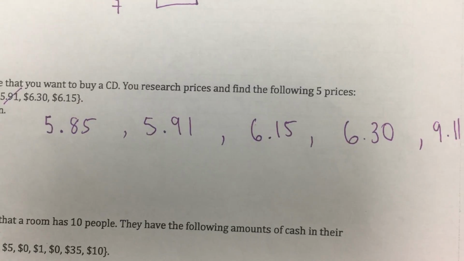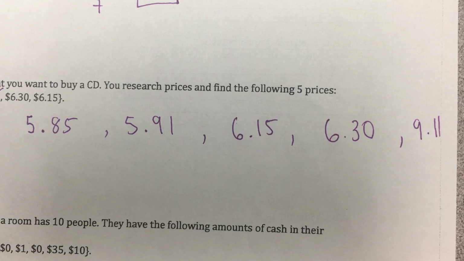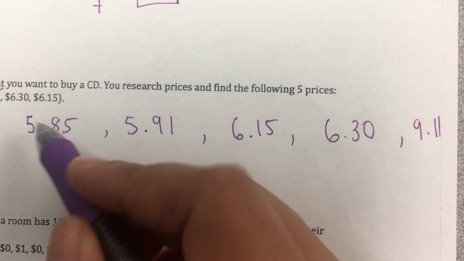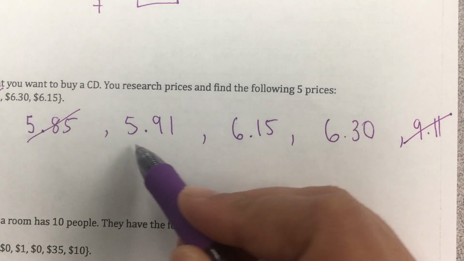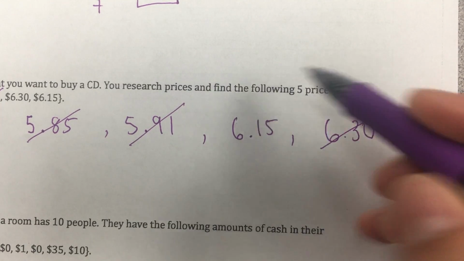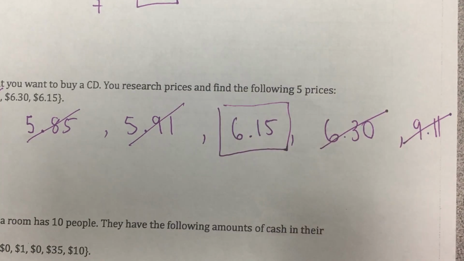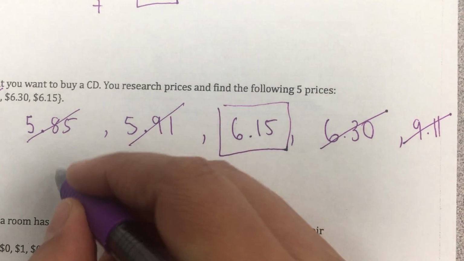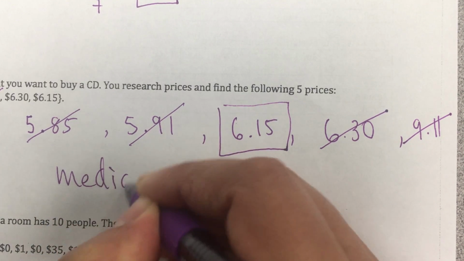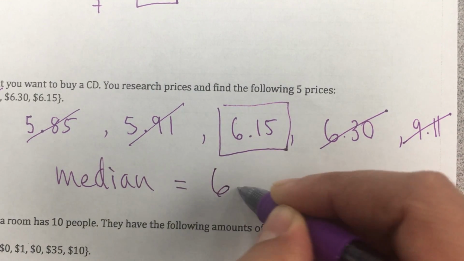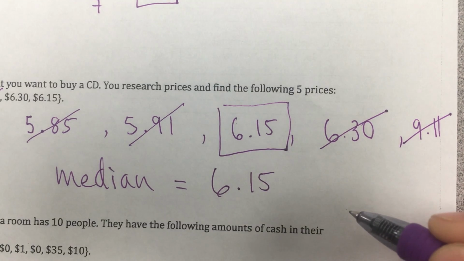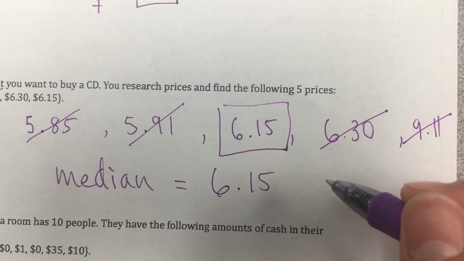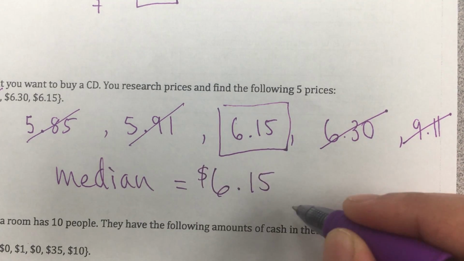Okay, so remember that for the median, what you do is you cross one out from the left and one from the right, one from the left and one from the right, and whatever you're left with in the middle, that's your median. Okay, median is 6.15. Okay, and that's for the price, so the answer will be dollars.